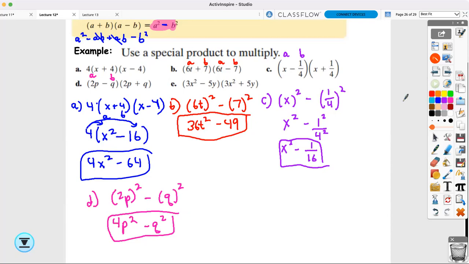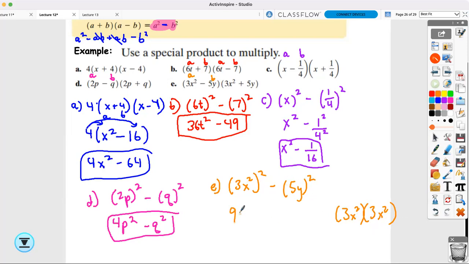E. 3x squared minus 5y, 3x squared plus 5y. It can get pretty ugly, a and b. But luckily, we know the formula: parentheses 3x squared, squared, minus 5y squared. Well, 3x squared times another 3x squared, that's what this first one is. 3 times 3 is 9.